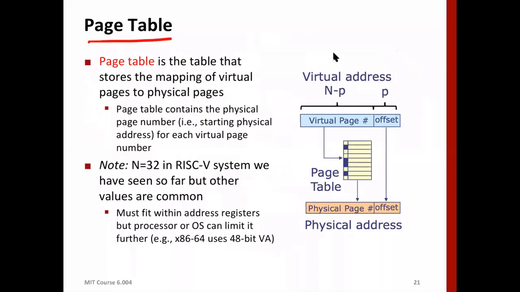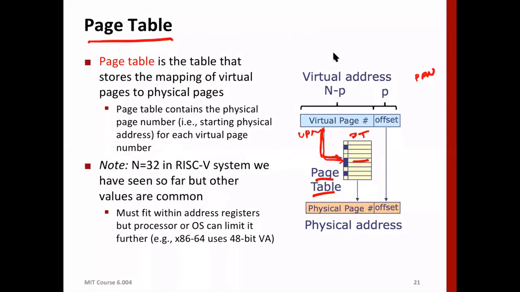As we have seen, the structure of the page table is as follows. We take the virtual page number, which you call VPN, and this is a table, the page table, which we call PT. We use the VPN as an index and go to a particular entry in the page table. If the valid bit is 1, it means that the page is there in main memory, and from here you get the physical page number.